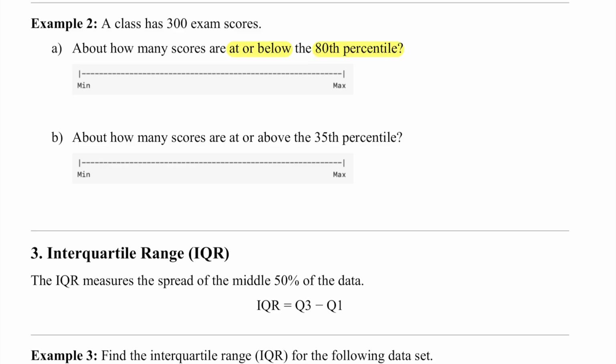The 80th percentile has about 80% of the data at or below that value. So if this is the 80th percentile, this is about 80% of the data, and this is about 20% of the data.